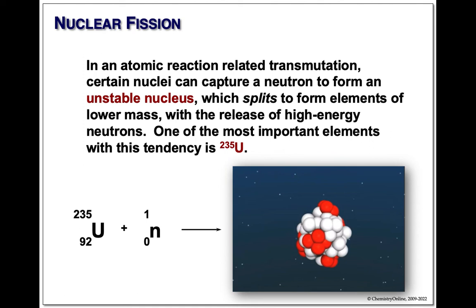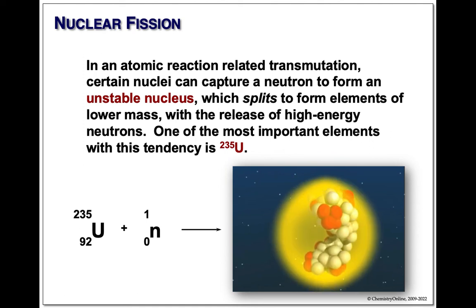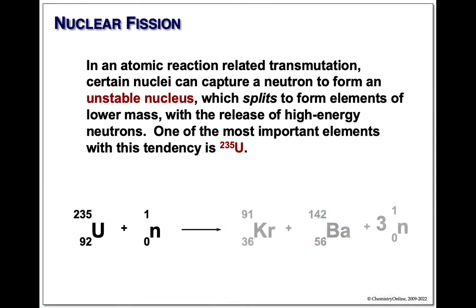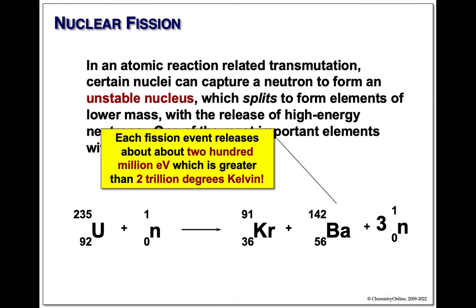Here comes our neutron. There's 236, and it splits. When it splits, it forms two nuclei and three high-energy neutrons. These high-energy neutrons go back and do it again. And that's a chain reaction. In this cleavage that we just saw, we formed krypton and barium, and again, three high-energy neutrons.